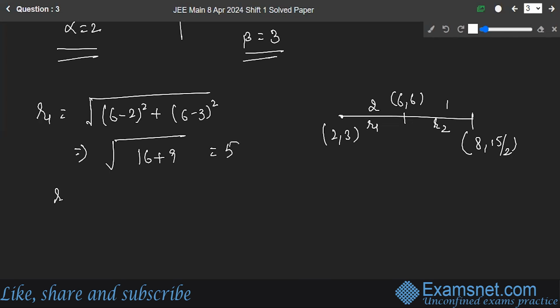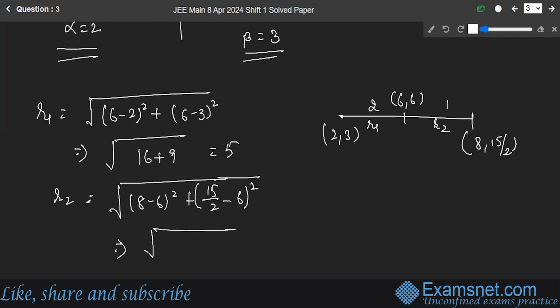The answer is 5. R2 will be √((8 − 6)² + (15/2 − 6)²), which is equal to √(4 + 9/4), with 3/2 squared giving 9/4. Correct. So that will be giving me the solution 5/2.